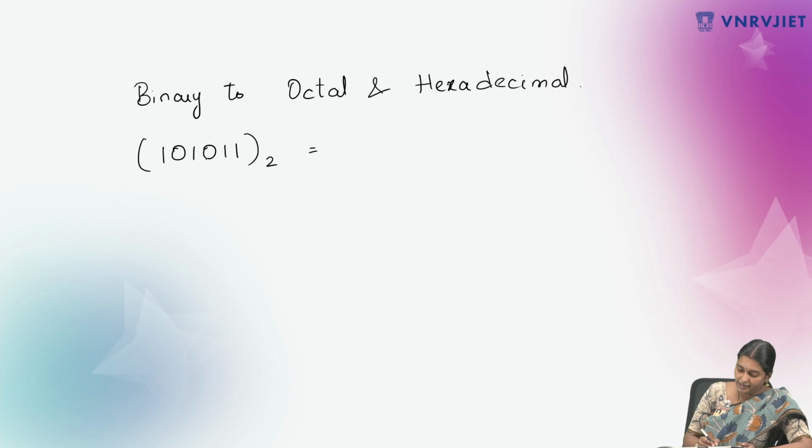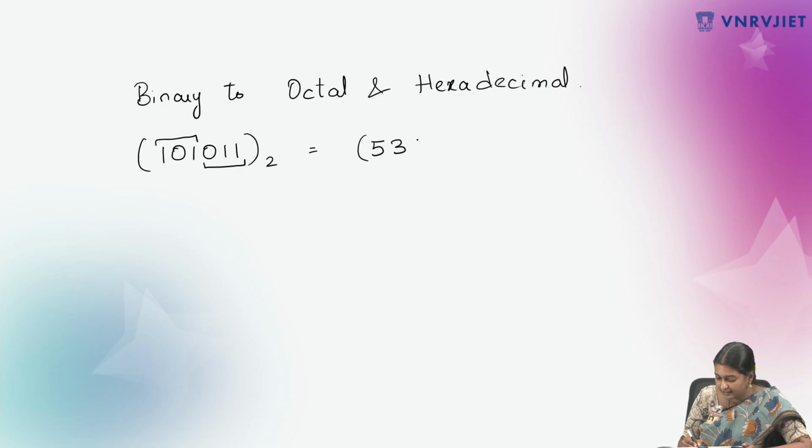So 3 digits can be accumulated as an entity to be converted to octal. So 101 is our 5, and then 011 is our 3. So 101011 converted to octal is simply 53 to the base 8.